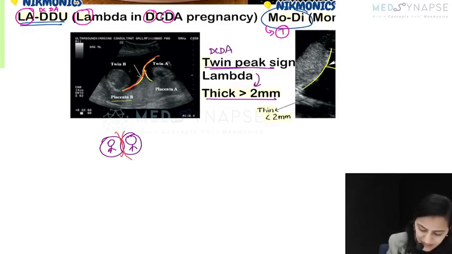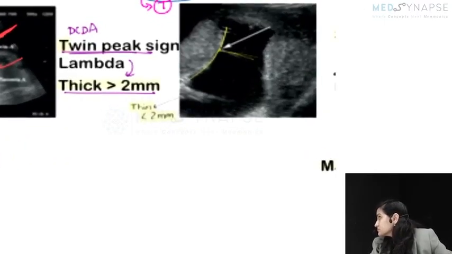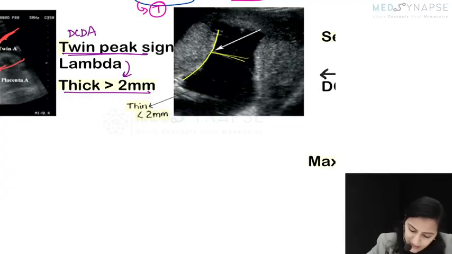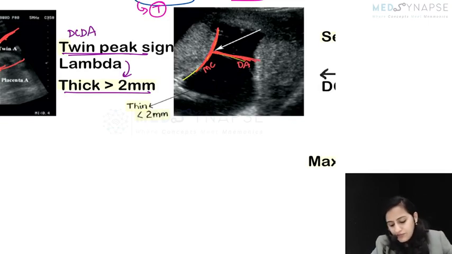So lambda sign is like this, the separating membrane in between, and the two are going away like this with a triangle in between. That's the lambda sign. While in the T sign, you have the separating membrane and a single chorion. So this is monochorionic diamniotic. Separating membrane matlab diamniotic.